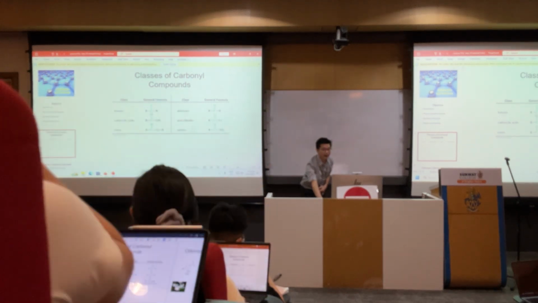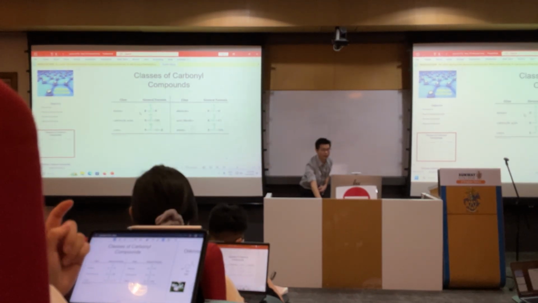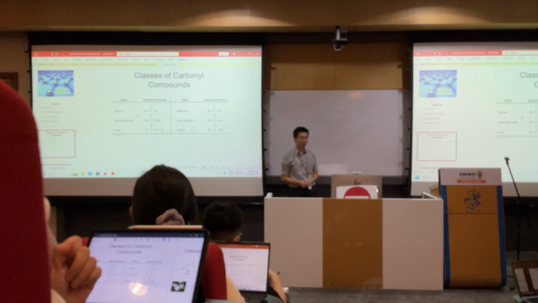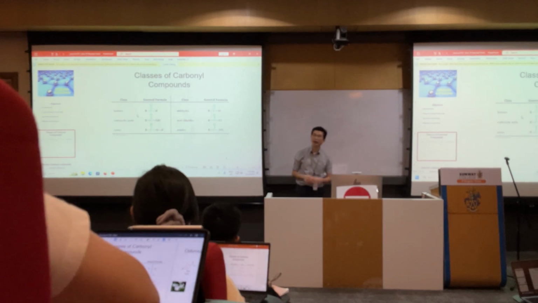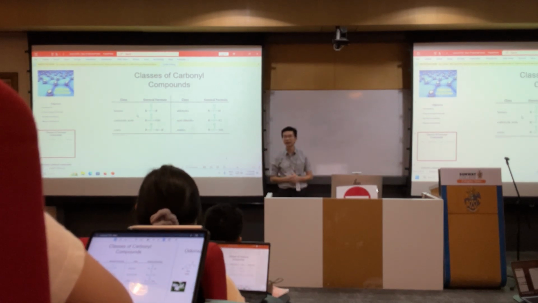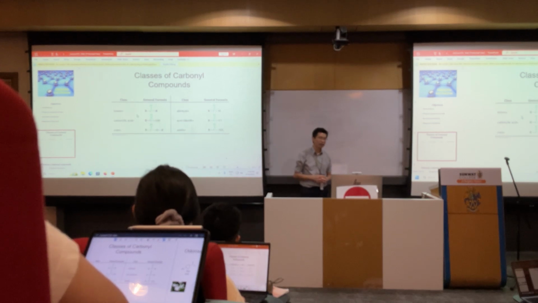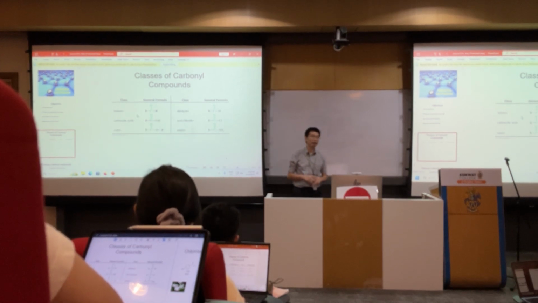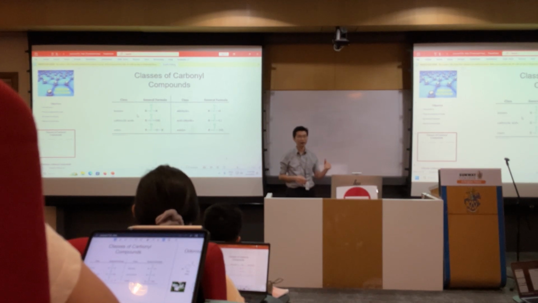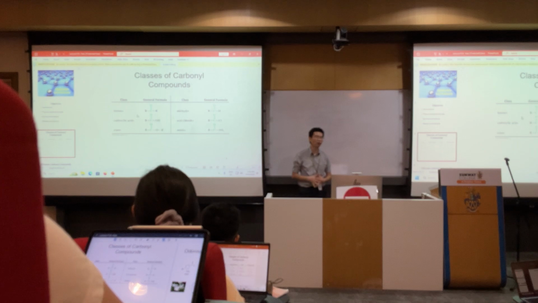Okay, and the substituent at the site will determine the class of carbonyl. For example, ketone, we have two carbons attached to the C double bond O. And for aldehyde, we have one carbon attached to the C double bond O, and then another H attached to the C double bond O.